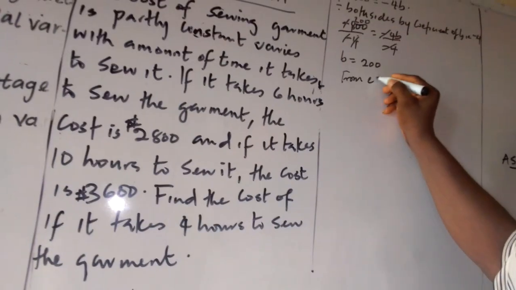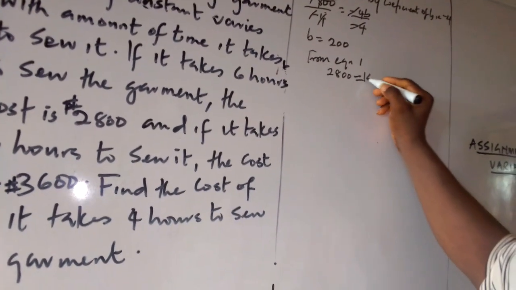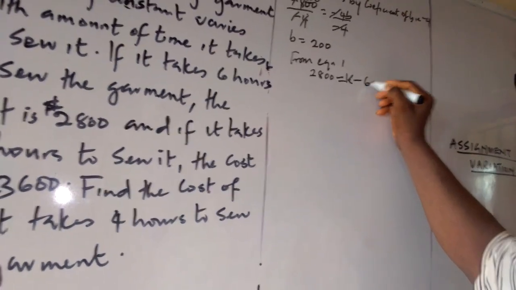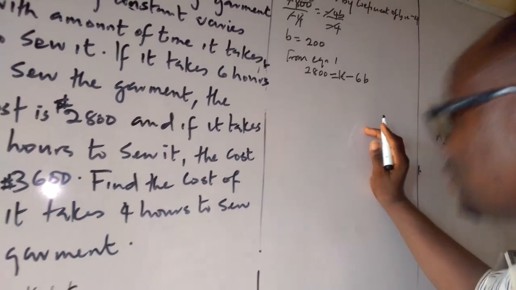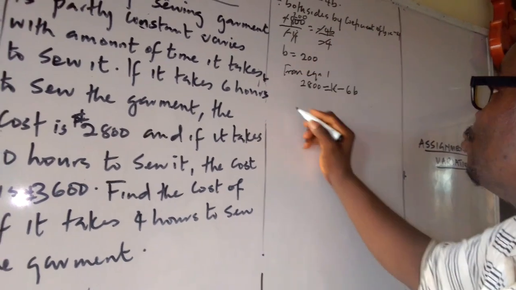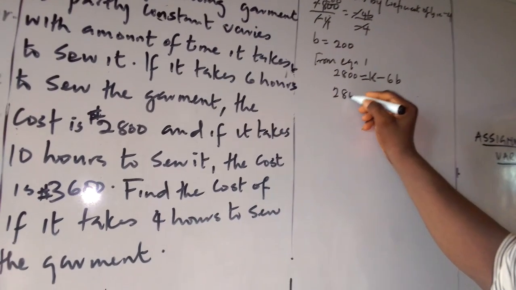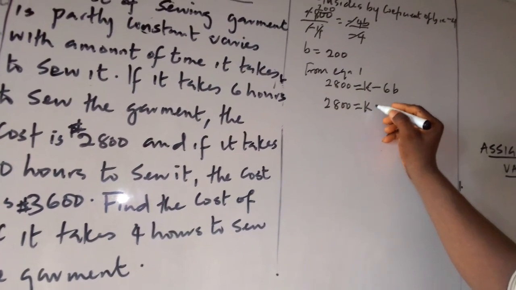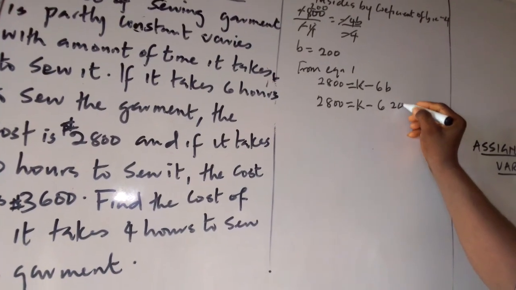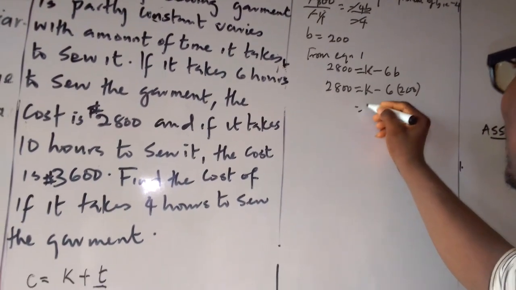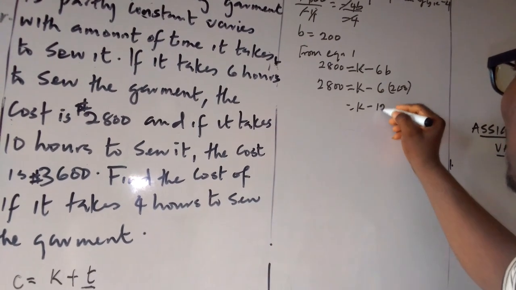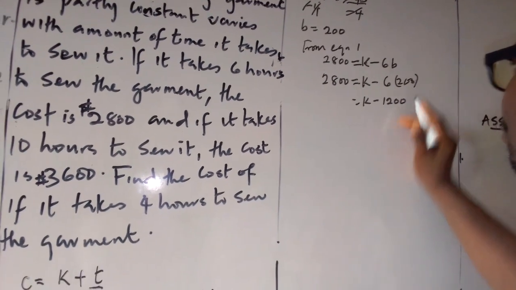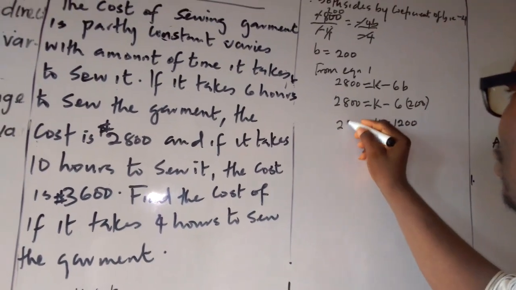Similarly, I can now find my K from equation 1. What is equation 1? 2,800 is equal to K plus 6B, where B is 200. So I'll say 2,800 is equal to K plus 6 times 200, that gives me K plus 1,200.